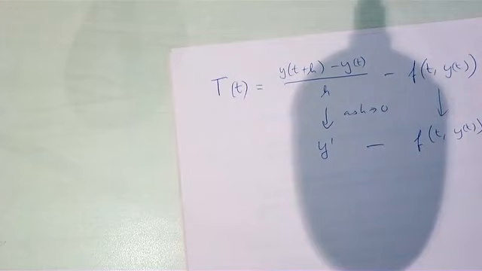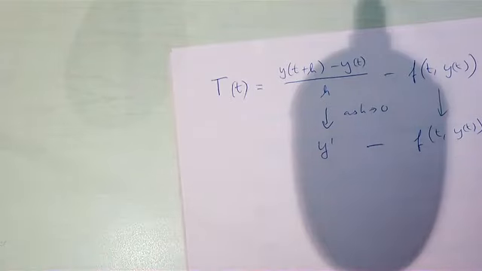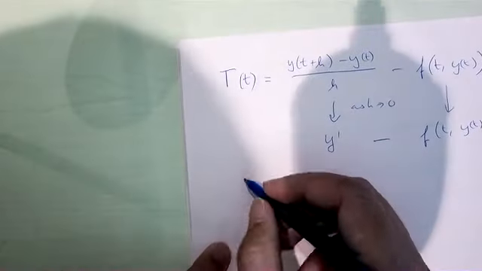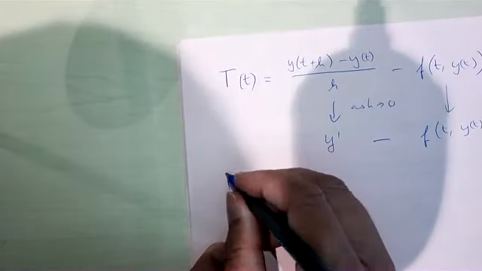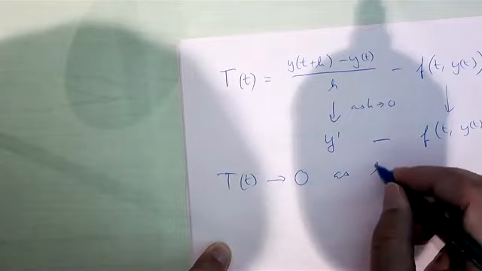So what is our ODE? Our ODE is just y prime equals f(t, y). Remember? Therefore, the local truncation error will go to 0 as h goes to 0.